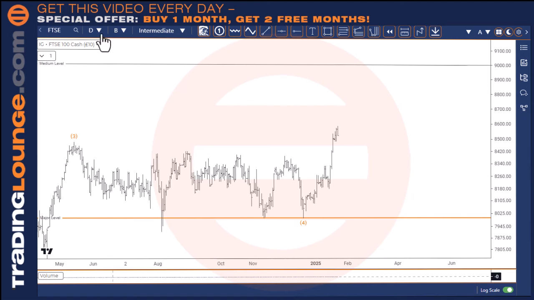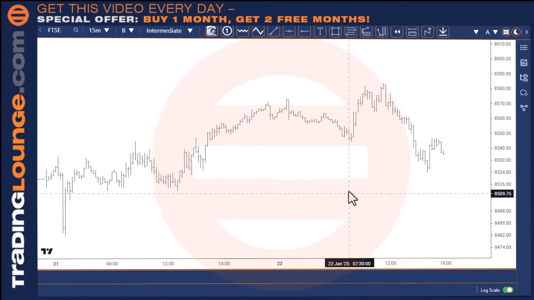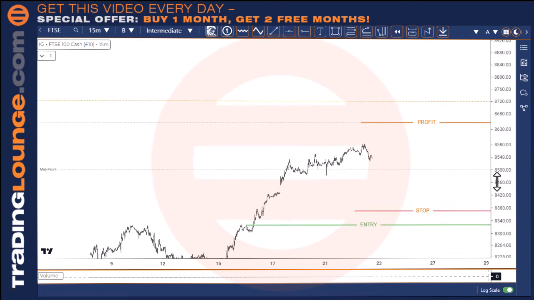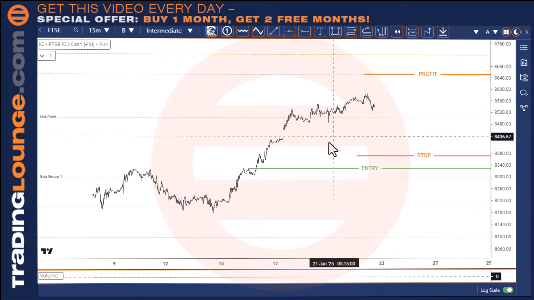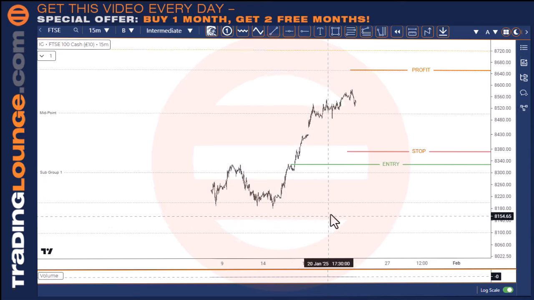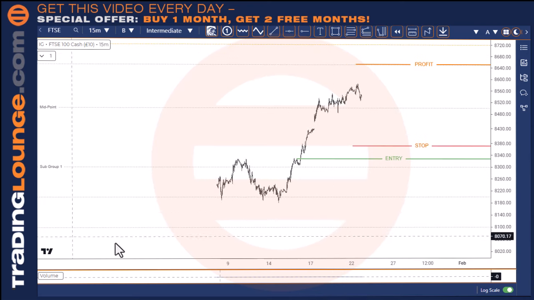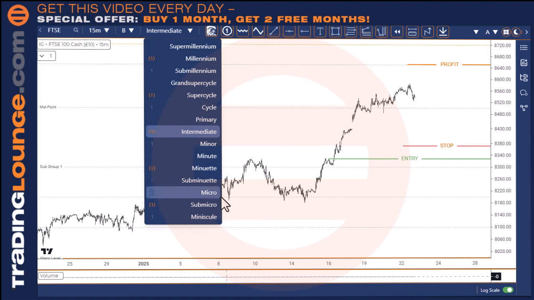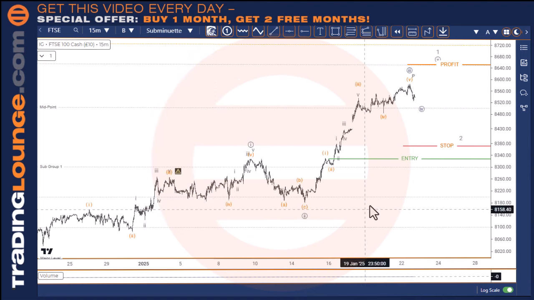But that here, based on the 15-minute chart, we'll drill in here and take a look at this. Still need a bit more data here for that, but if I bring this in here and label this here.